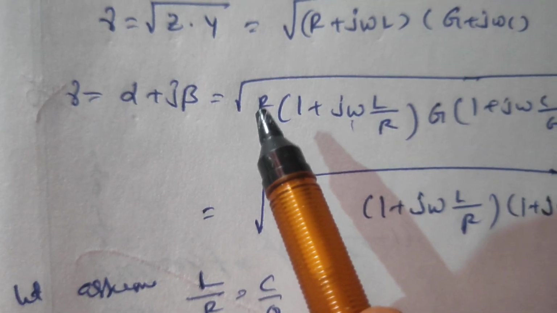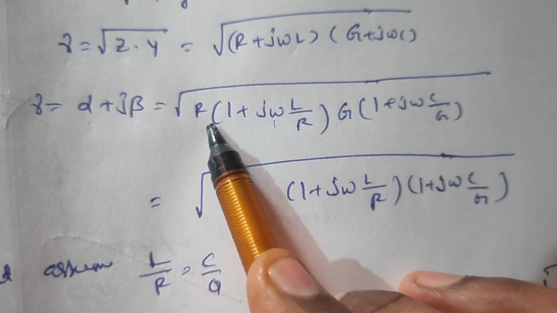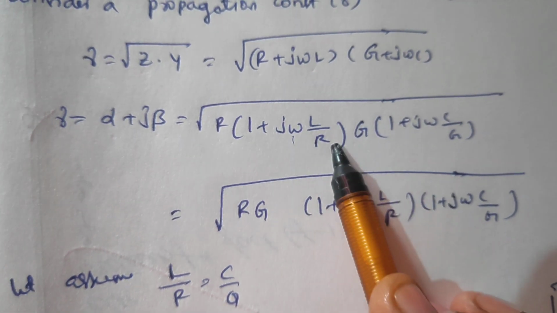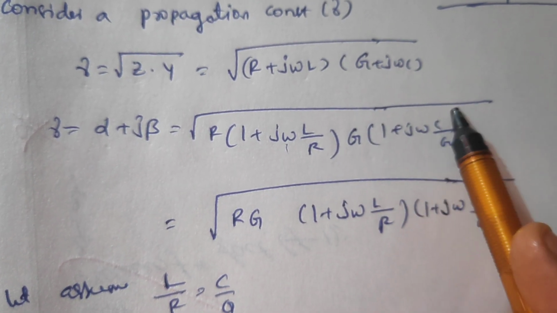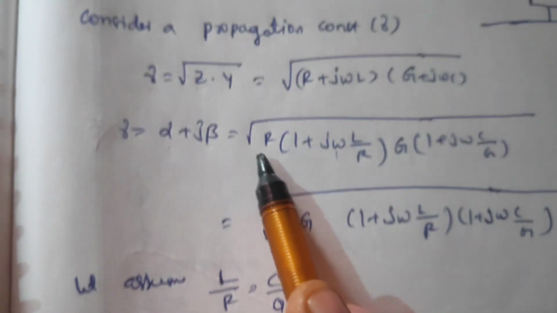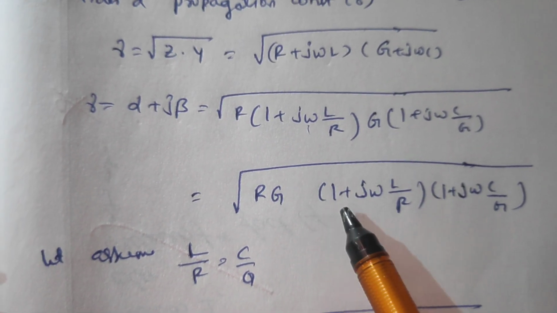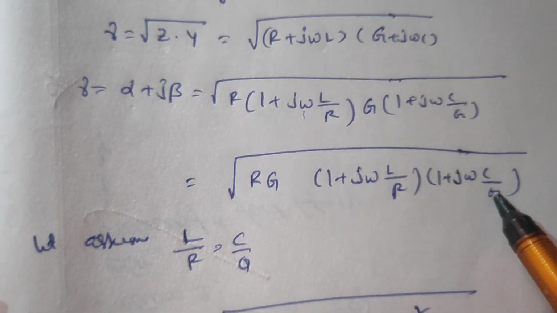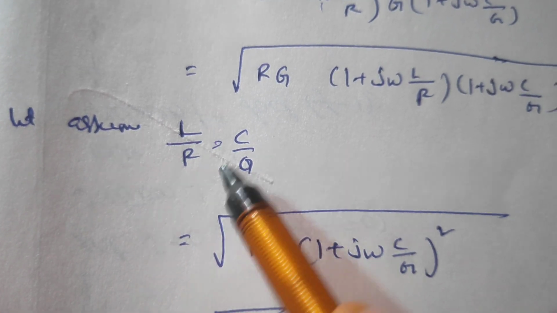So taking the R term as common, we get 1 plus J omega L by R, and G into 1 plus J omega C by G. Multiplying these, we get R into G, and the rest are 1 plus J omega L by R into 1 plus J omega C by G. And here let us assume that L by R is equal to C by G.